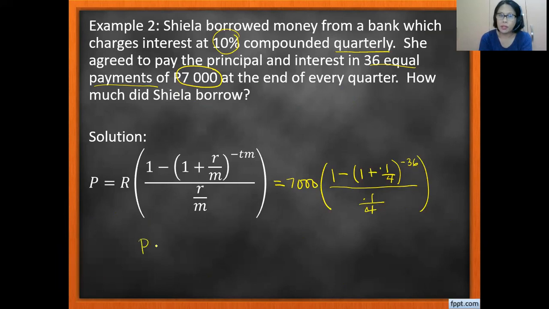So P here is equal to, let's solve together using your calculator. 0.1 over 4.